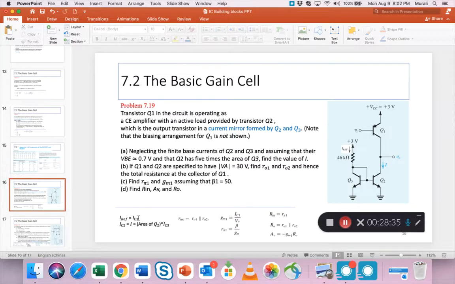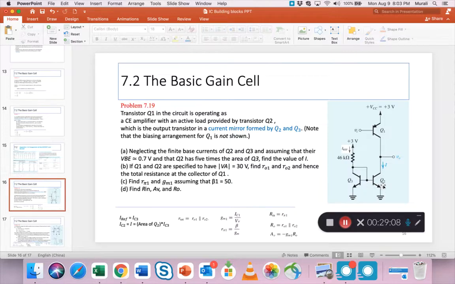Okay. Now I is the I reference, which is also IC3, and you get this I. Well, first of all, I reference is IC3, right? It's in the collector of this Q3 circuit. But this I is not equal to this. It depends on the proportion of this area business, right?